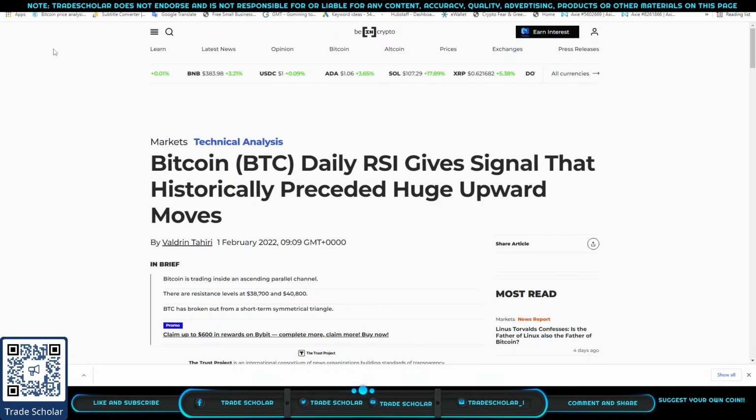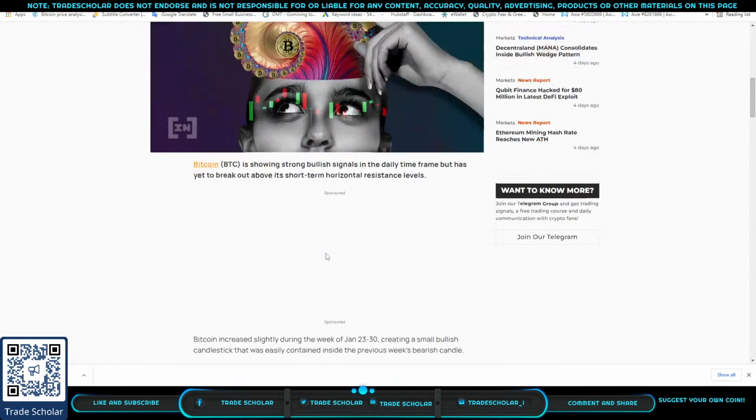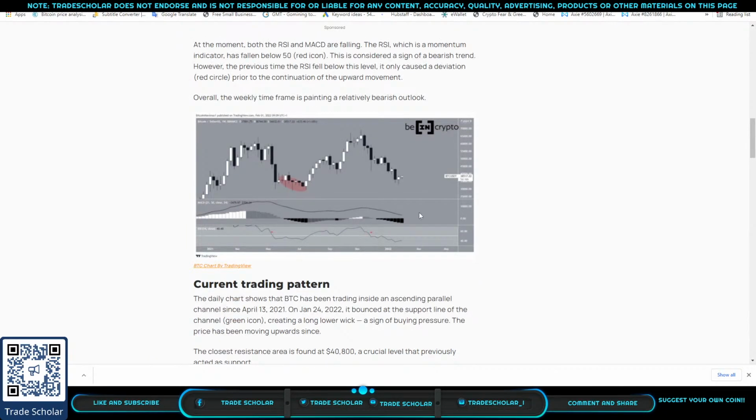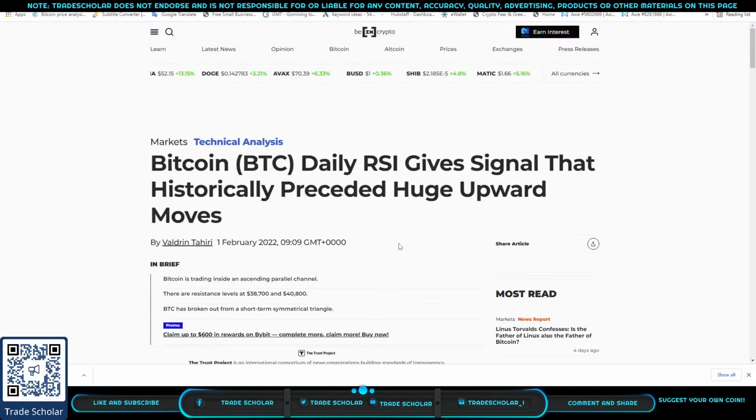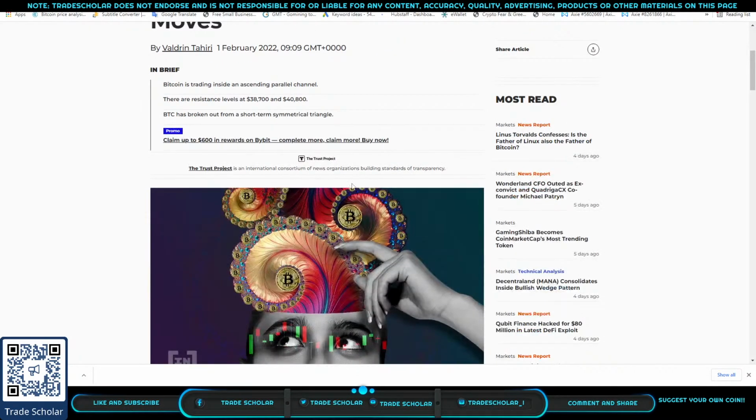So for our Bitcoin news, we have here that the daily RSI gives a signal that historically preceded huge upward moves. That's a good sign right there. This is the RSI right here, and it's giving a signal for an upside move. BTC has broken out from the short-term symmetrical triangle.